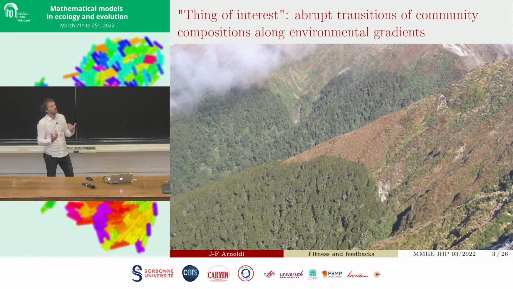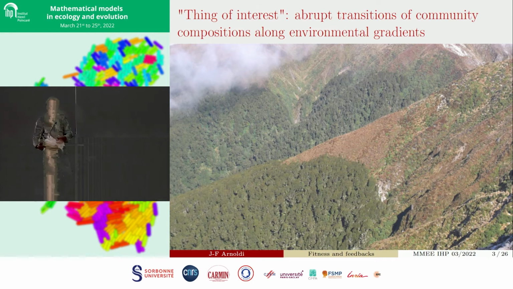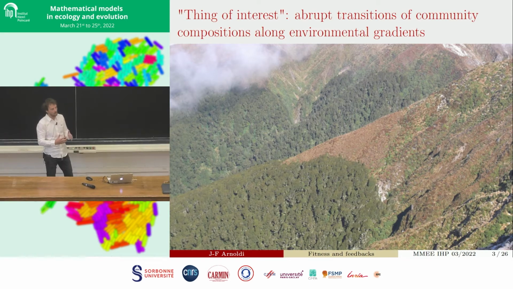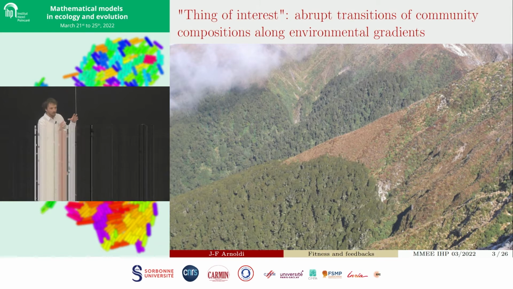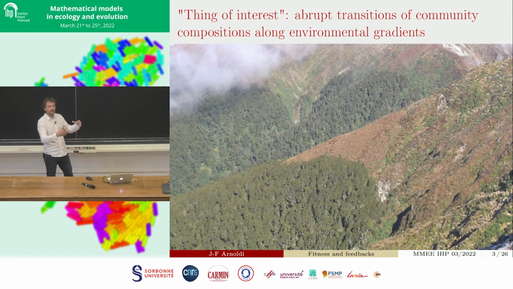It would be the possibility that you'd have a community composition transition along a smooth environmental gradient. So an abrupt transition of community composition along a gradient, when you could follow some gradient of altitude, of salinity, of temperature, whatever, and you would observe the ecological system, and at some point, abruptly, in a certain sense, it transforms into a completely different community.